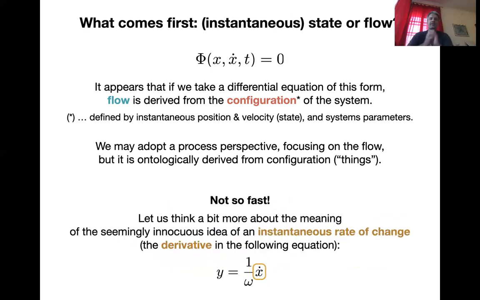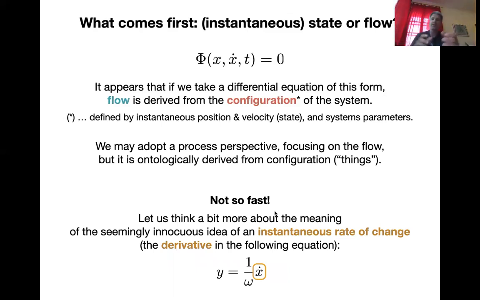But not so fast. Let us think a bit more about where this idea of an instantaneous state comes from. So an instantaneous rate of change, what does that mean? What is this derivative? I just played this magic trick on you before and said, okay, we can now show that velocity is somehow dependent on the position.